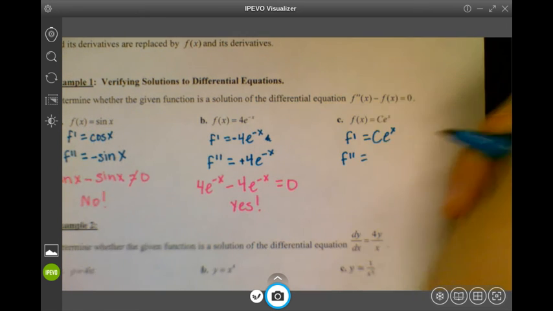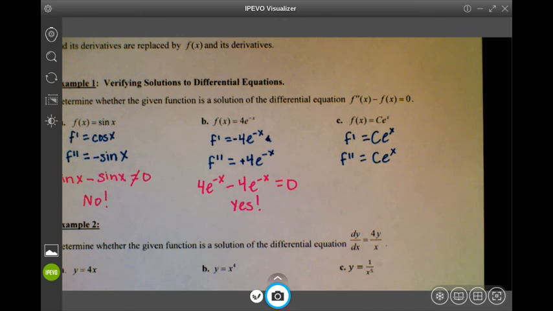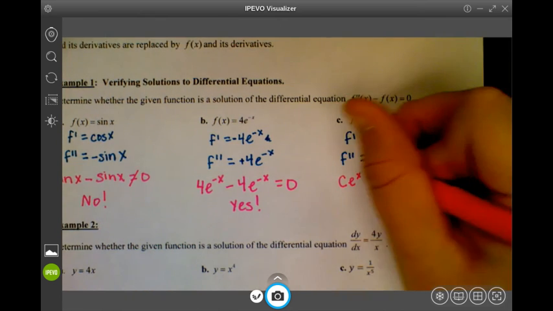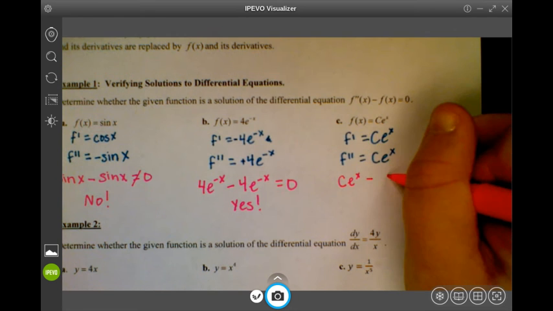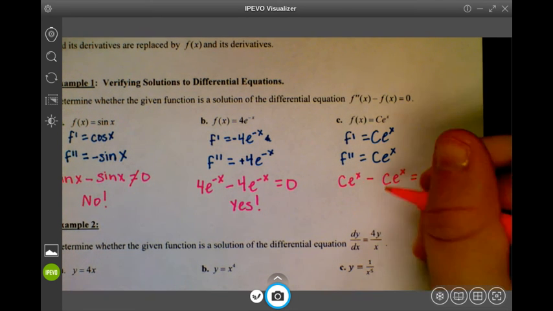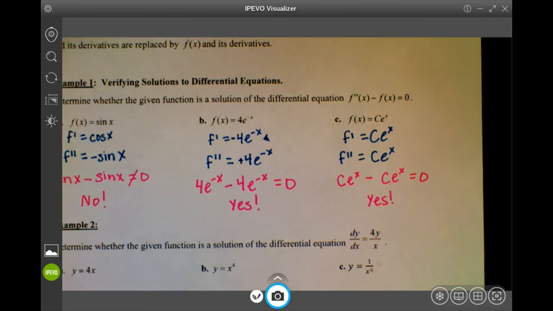The second derivative is the derivative of that, which, once again, is c e to the x. And so if you plug this in, you'd have c e to the x, the second derivative, minus the original function. Is that equal to 0? In this case, the answer is yes, because the c is the same value throughout.